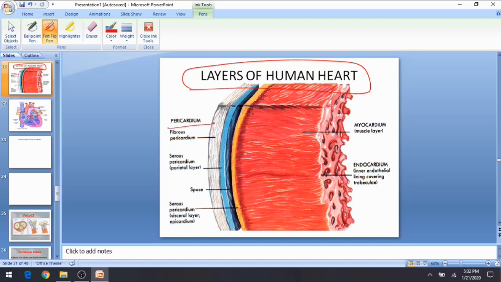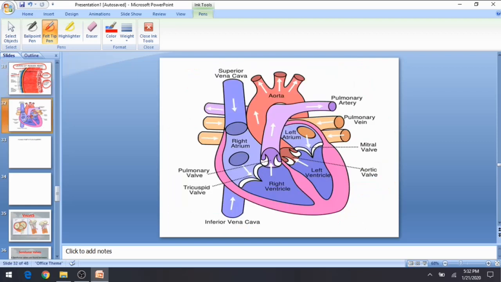Pericardium is the outermost fibrous layer, made up of fibrous tissue. Myocardium is the middle layer, made up of thick muscles, and endocardium is the innermost layer, which is made up of epithelial cells. This is the internal structure of the heart.